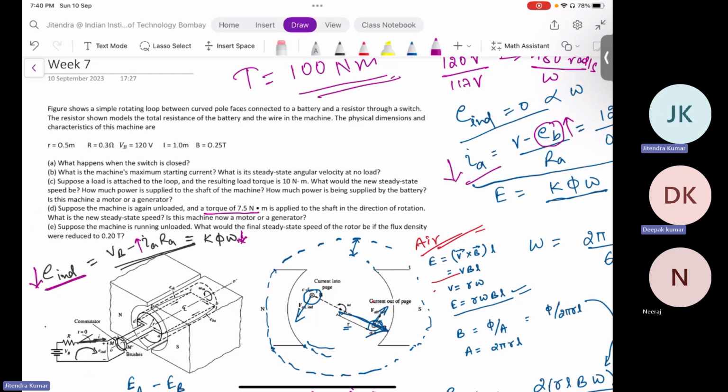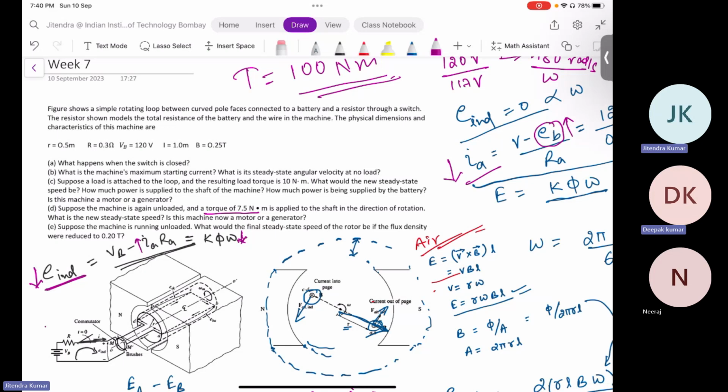And as the speed increases, what will happen? No, no. When I am mentioning in the first sentence that the speed is increased, then in the second sentence it should be EMF induced will be increased.